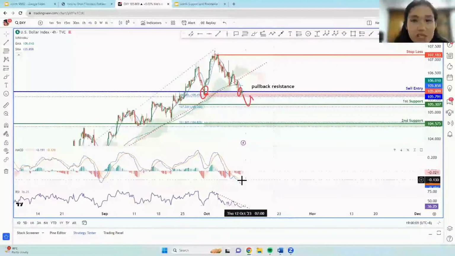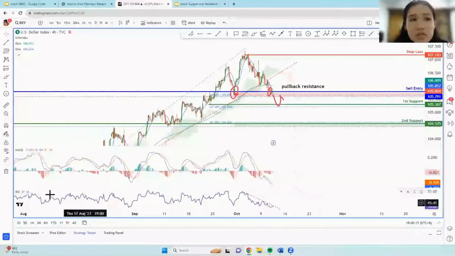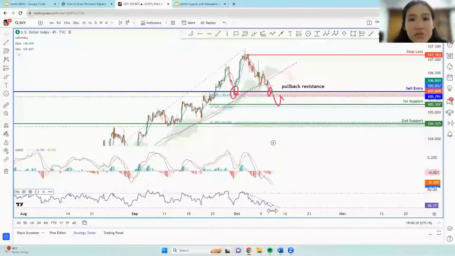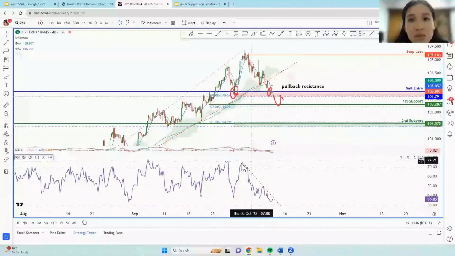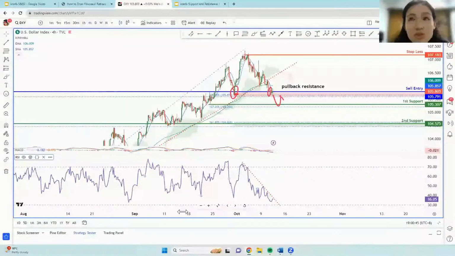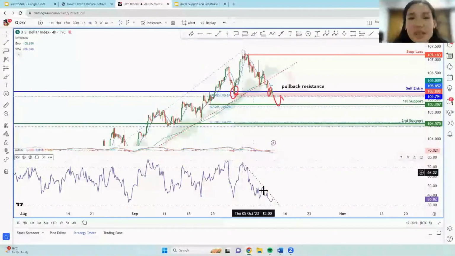There are a lot of ways to use the RSI. Here I'm just looking for a trend line. You can also enable the upper and lower lines, I mean the upper and middle bands. If it's above the upper band, it's overbought, so we can expect it to drop, as you can see here.